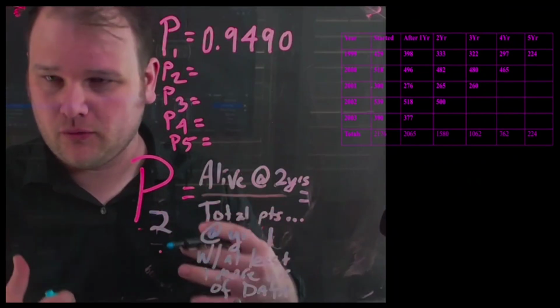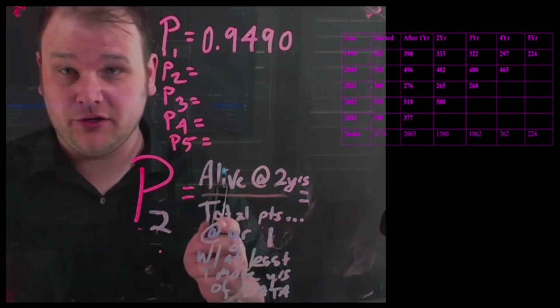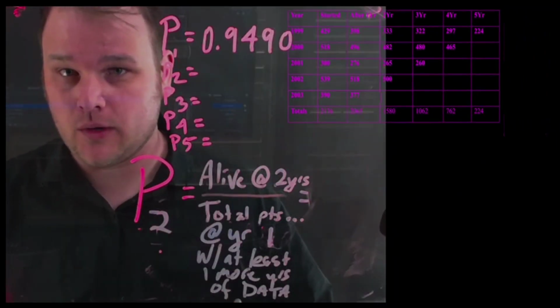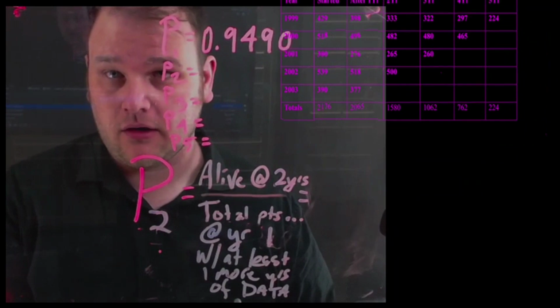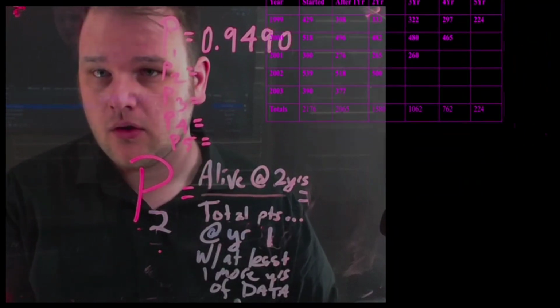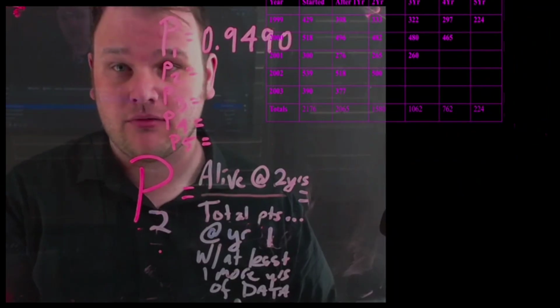Write it out in your own words to the point you understand it. And I think that's better to do than to just memorize a numerical equation alone. So what's going to go into our formula here is our year 2 survival, which is 1580 over 2065 minus 377.